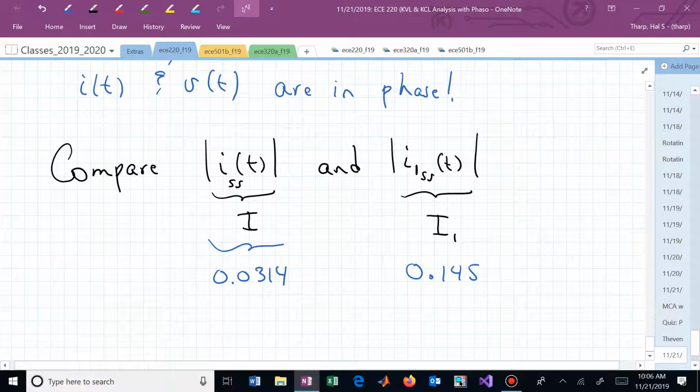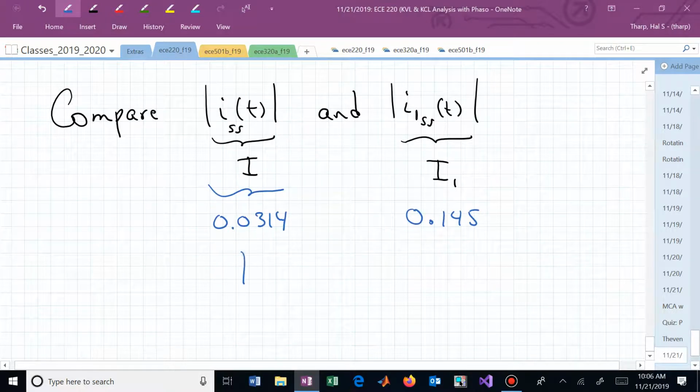How did that happen? So now, this is the current magnitude that the power company has to supply, now that we've put that capacitor across there versus the 0.145. Now they don't have to give you the magnitude of current that they were requiring before. So they're not going to charge you as much. So it's in your best interest to do this power correction, this introduction of C, in order to make the current and the voltage be in phase.